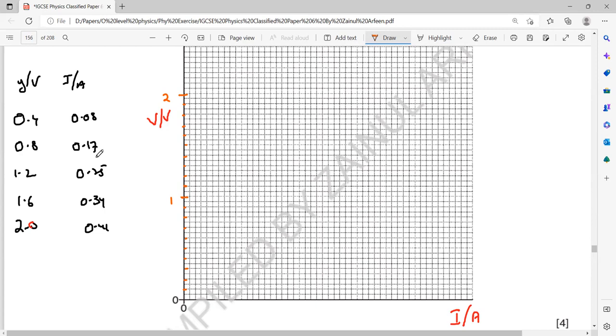For current, the smallest value is 0.08 and the highest is 0.41, so I have to reach till 0.4. If I select 10 boxes as 0.1, then each box is 0.01.